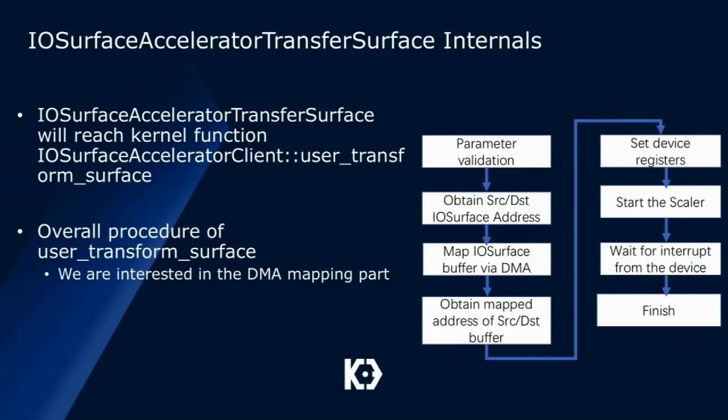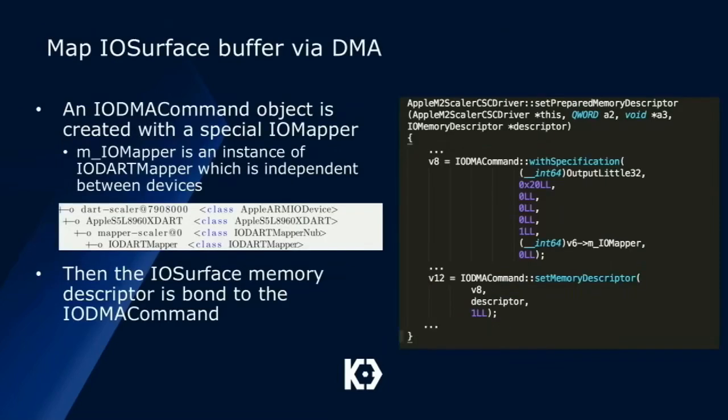Then it starts the scaler device. After the scaler device is started, the kernel waits for the interrupt from the device to signal its completion. After it is complete, everything is finished. We are mostly interested in the DMA mapping part, and we are not interested in the other parts.